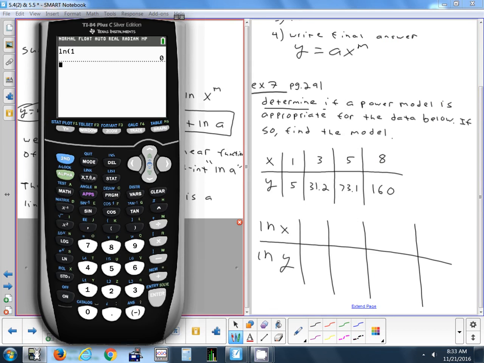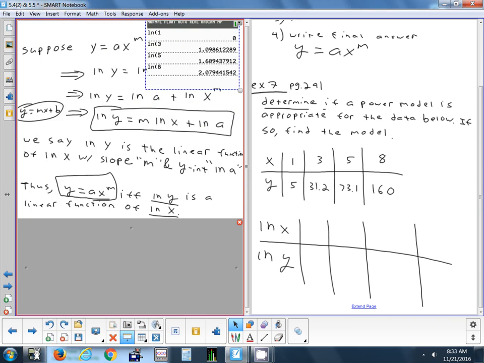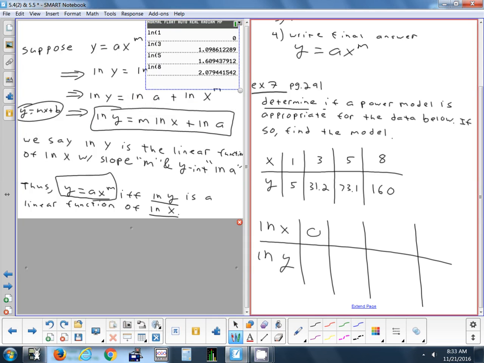All right, so let's go through and find all those values. I've got ln1, ln3, ln5, and someone could do the bottom. That would help us out a little bit. So I'm going to copy those values down. I've got 0, let's just say about 1.1. Rounding to the nearest tenth is good enough because we're just going to make a quick sketch and see if these points are in a line.